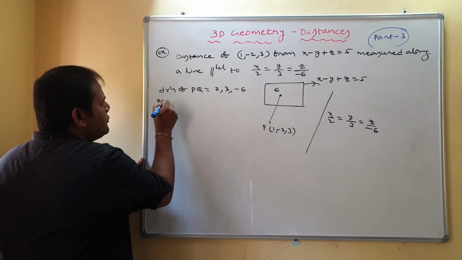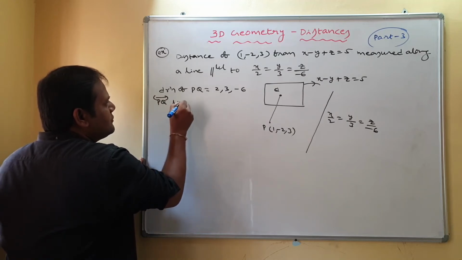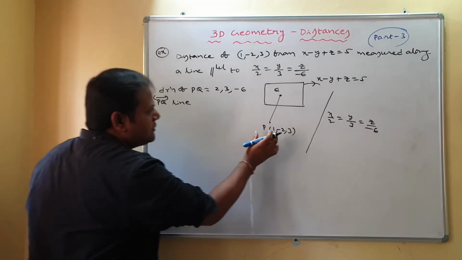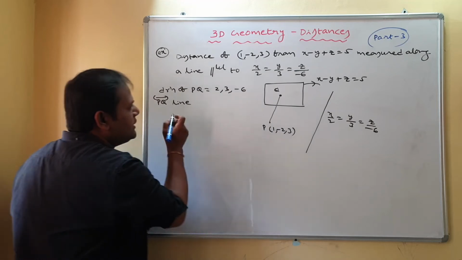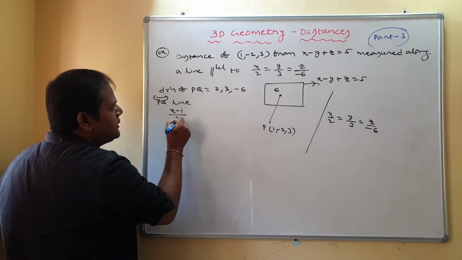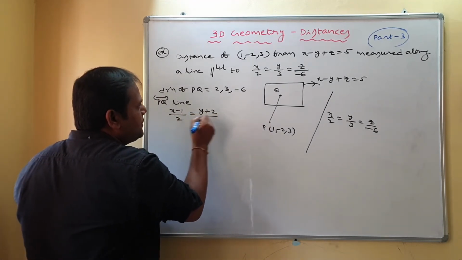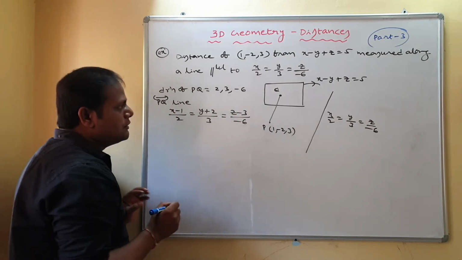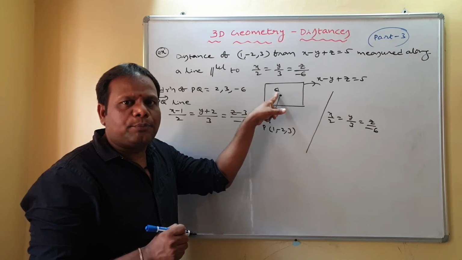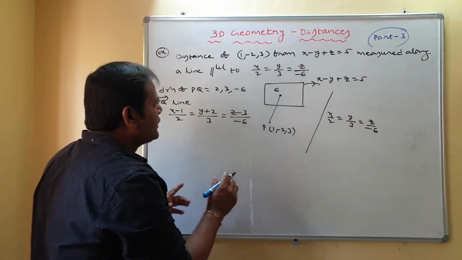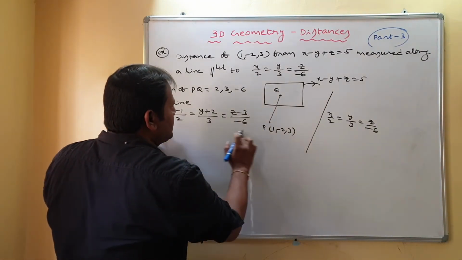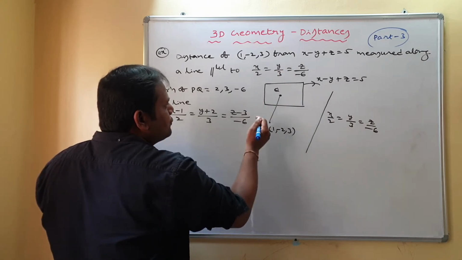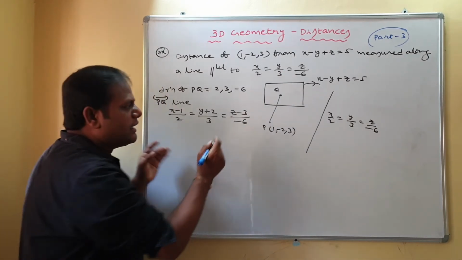Now you write the PQ line equation. What is the PQ line equation? We know one point and the DRs. So the line equation is (x minus 1) by 2 equal to (y plus 2) by 3 equal to (z minus 3) by minus 6. Now my target is finding the point Q. So we do one thing. We find any point on the line and we take that as Q. How to get any point on the line?